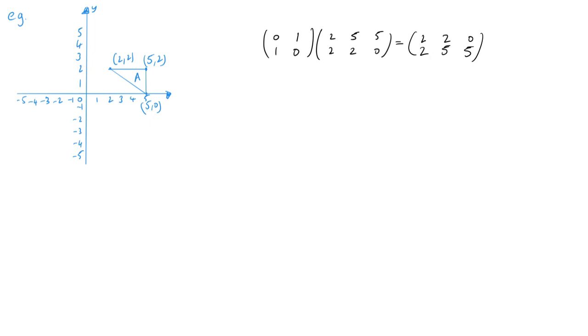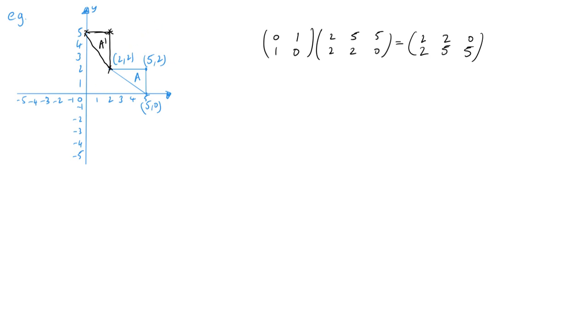So our coordinates are 2, 2, so here, 2, 5 here, and 0, 5 here. So you can see there, that's a reflection in the line y equals x.